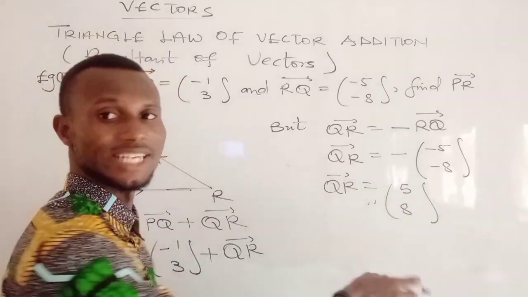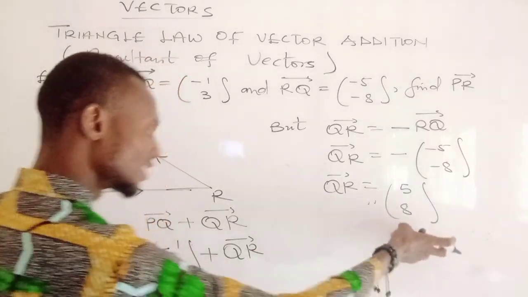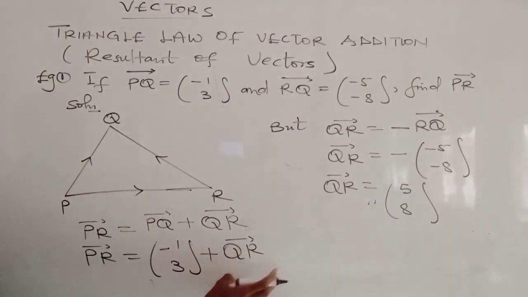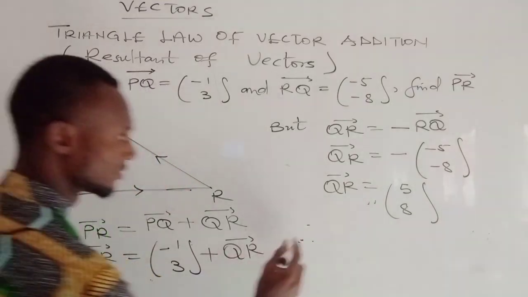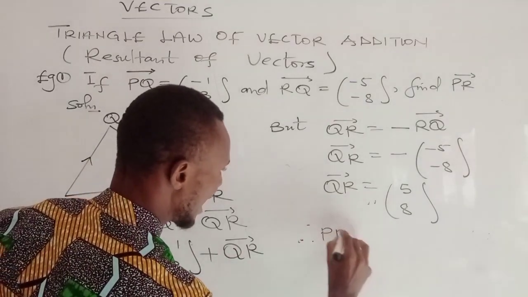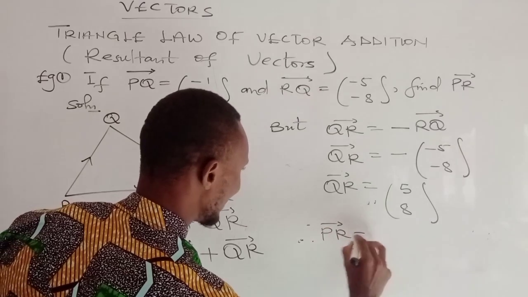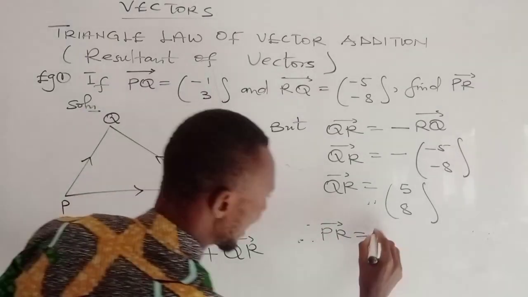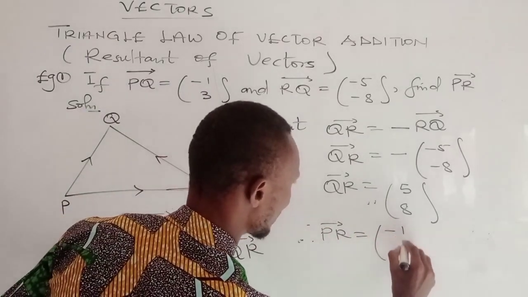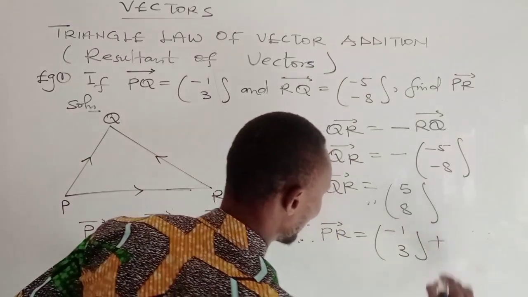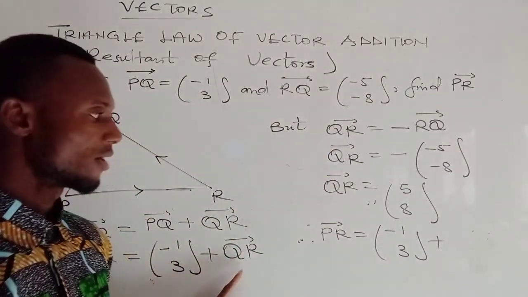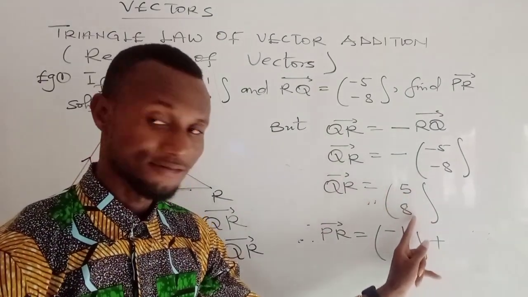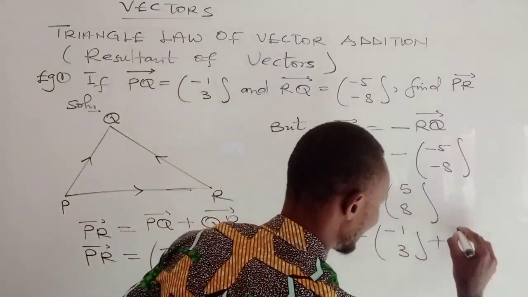So now that I've gotten the QR, I'm going to substitute it into this so that we can find the PR. Okay, therefore my PR will be equal to -1, 3 plus the QR. Now we know the value of QR. What's the value of QR? It's 5, 8 now. So you put your 5, 8 there.